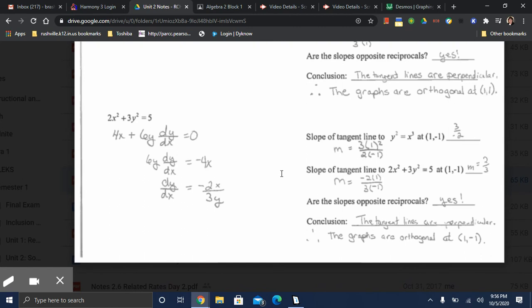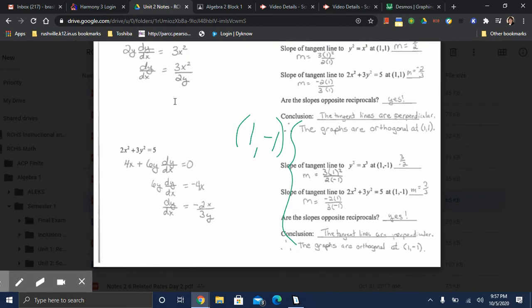So at the other point of intersection, which was 1 and negative 1. I'm going to make this screen just a little bit smaller so you can see. We had our first equation.